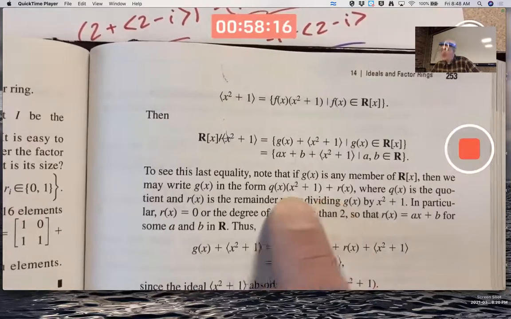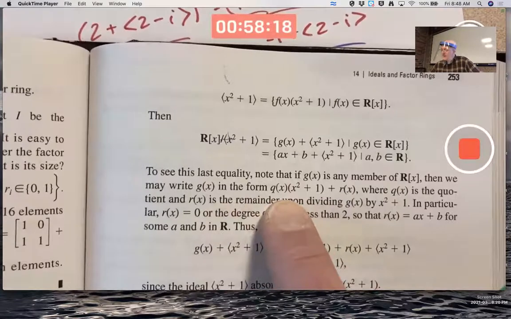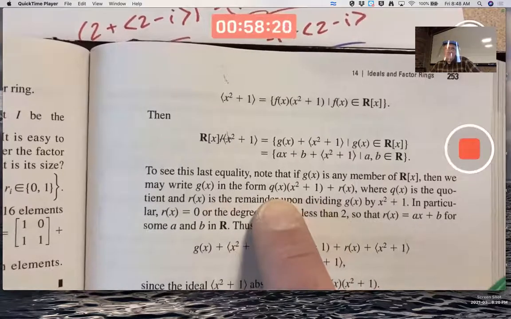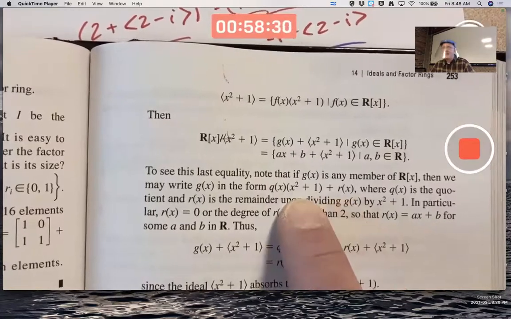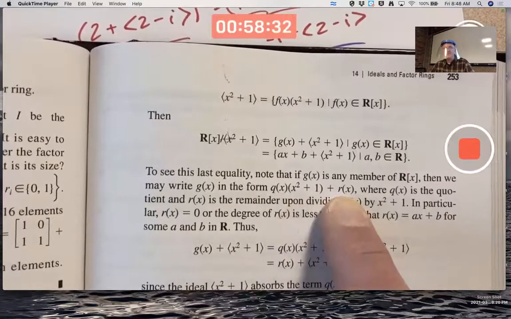We can write g of x as x squared plus 1 times a quotient that I get from doing the long division, which I would put at the top of the long division, plus a remainder that I'd have at the very bottom of my long division. And since I'm dividing by a quadratic, it turns out the remainder would have to be of lower degree.